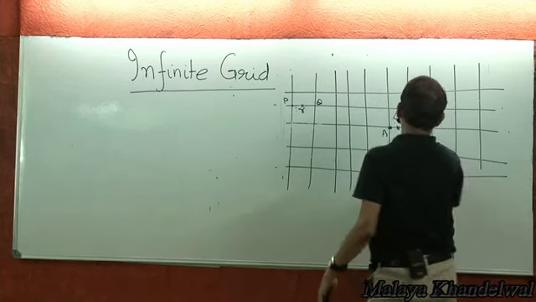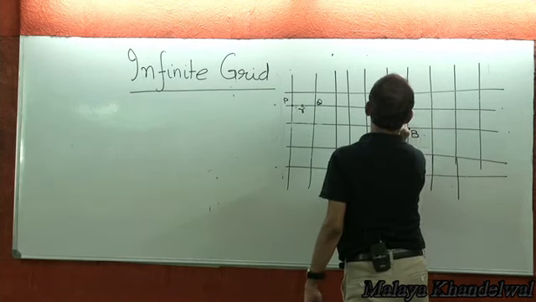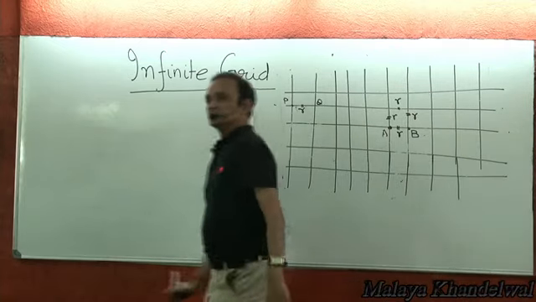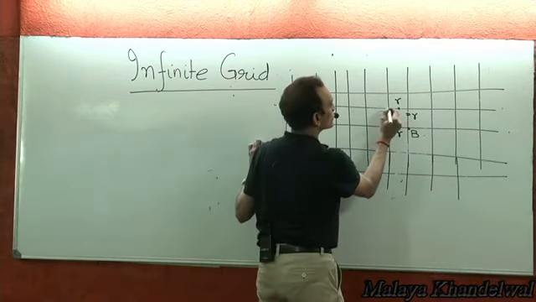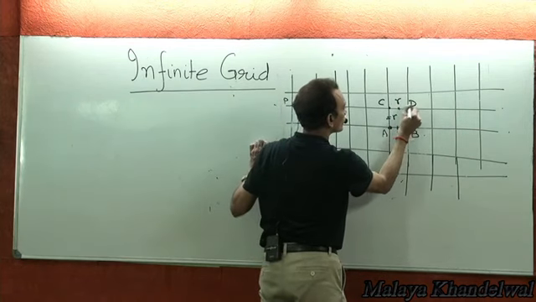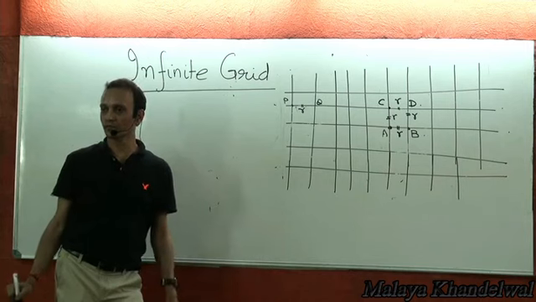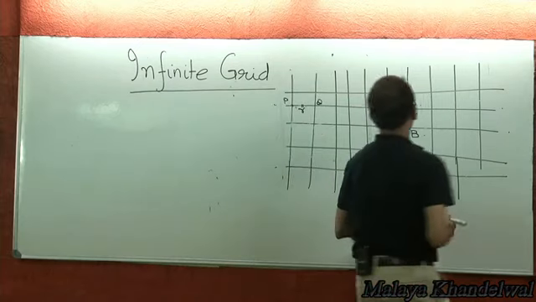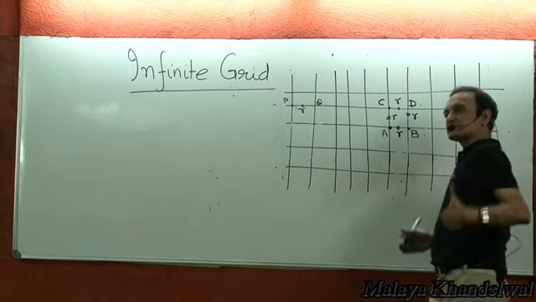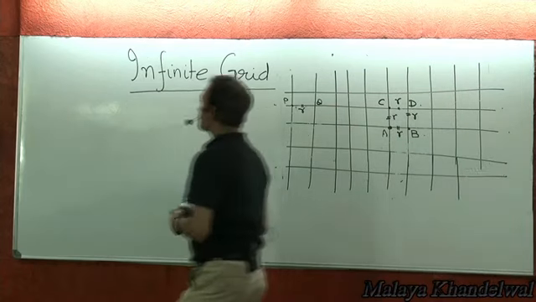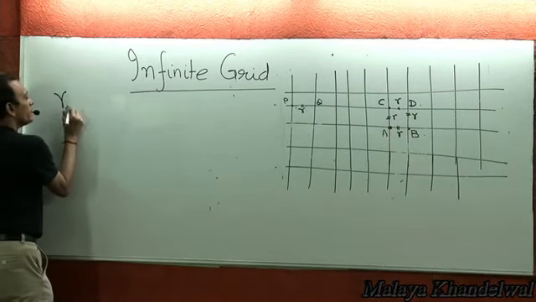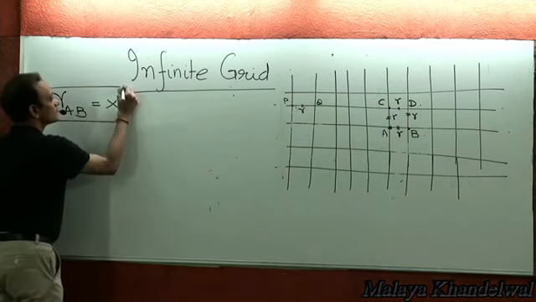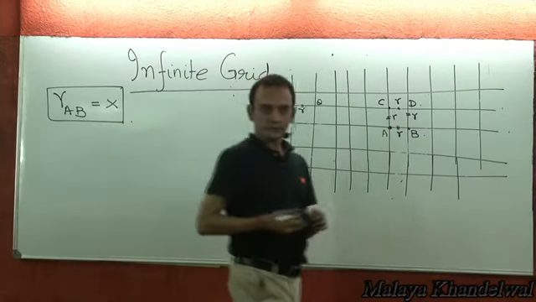Say each of these is R. The objective is to find the equivalent resistance across A and B. Say the equivalent resistance across A and B is X.